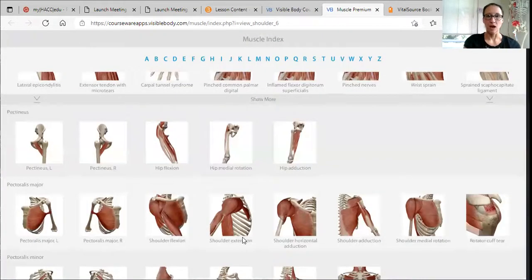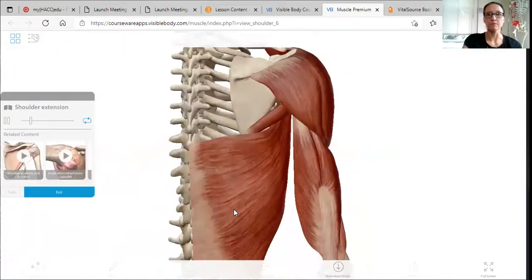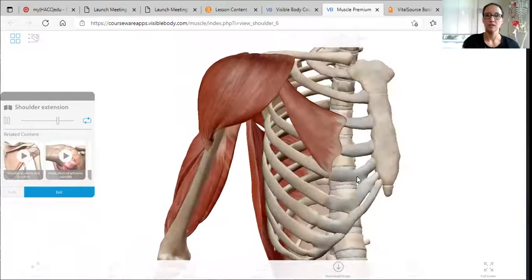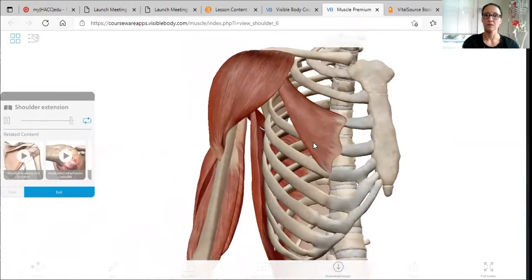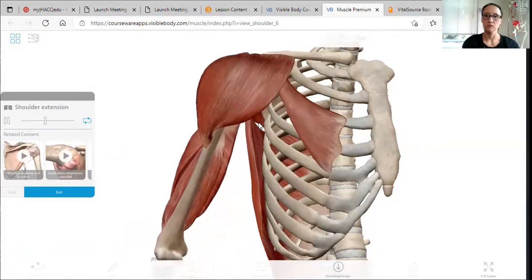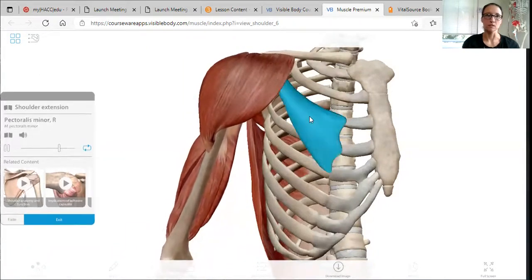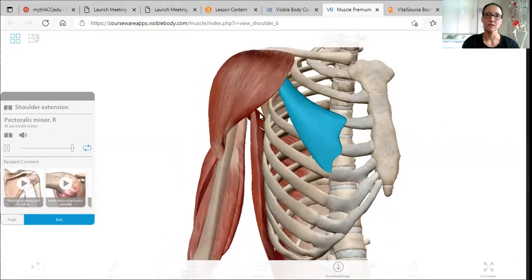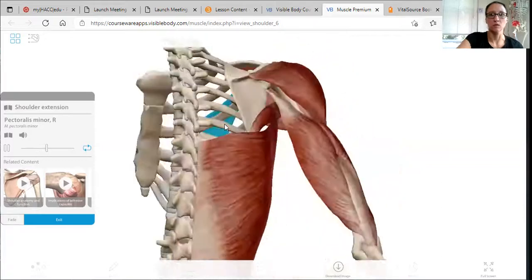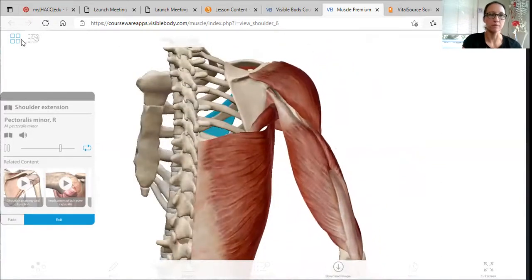Okay. How about extension? So this is where I want to show you. Yes, that's the posterior, but let's talk. Oh, there it is. Okay. Shoulder extension. It's hard to see that. That's pec minor. I guess it didn't put pec major on here because we wanted to show you the posterior portion, but that's okay.